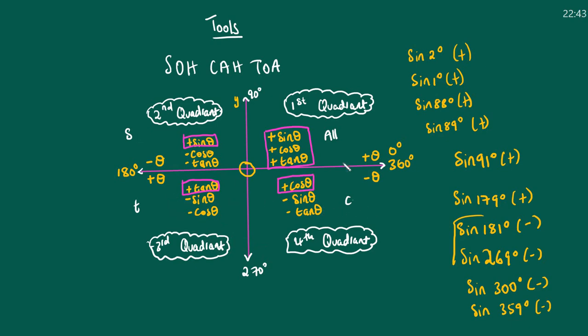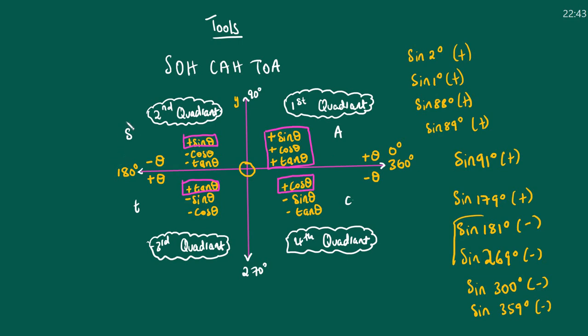Now what your teacher taught you is that in this first one, you can call it A to remind you that all of them are going to be positive. If you put all angles between 0 and 90, for all of the ratios, you're going to get positive answers. So the A indicates that all of them are positive in the first quadrant.